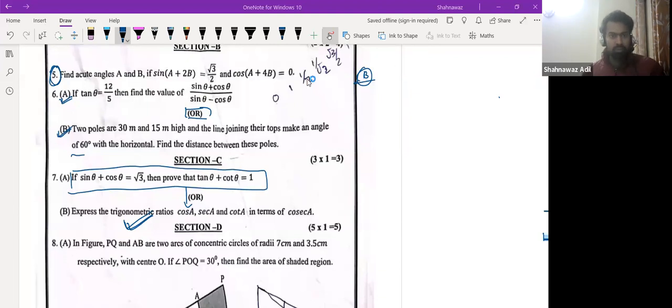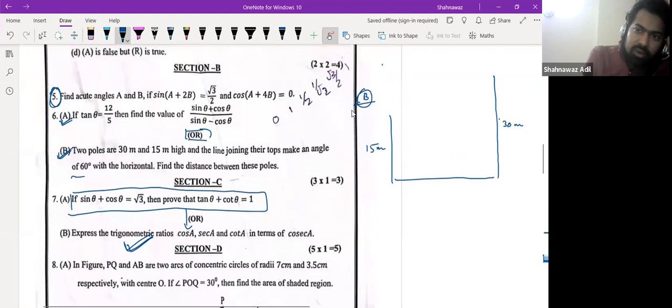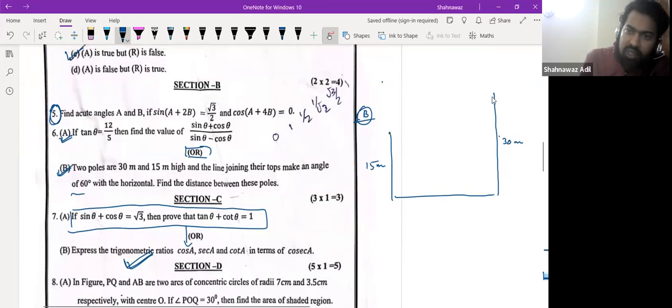I drew the figure. So two poles, this one and this one. This is the ground, and we have our two poles. One is 15 meters, the other is 30. The line joining their tops makes an angle of 60 degrees with the horizontal.